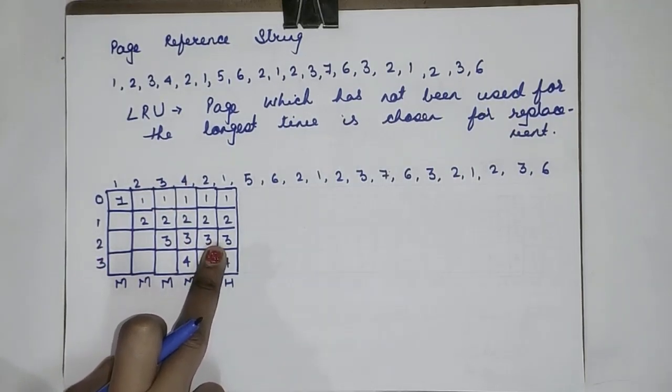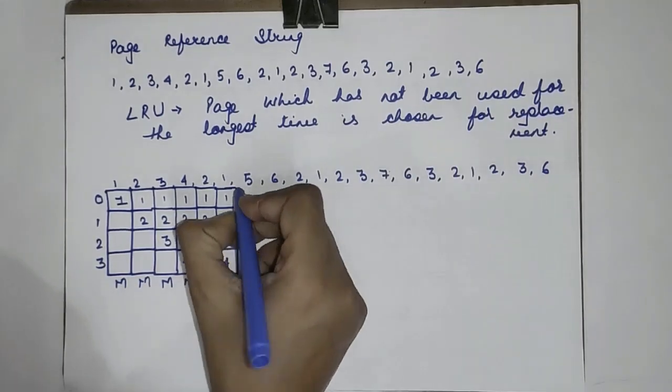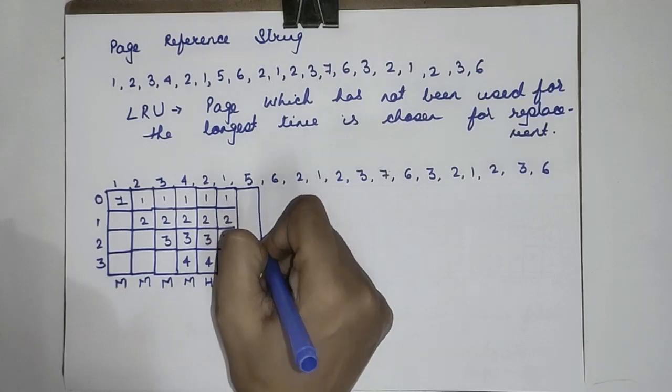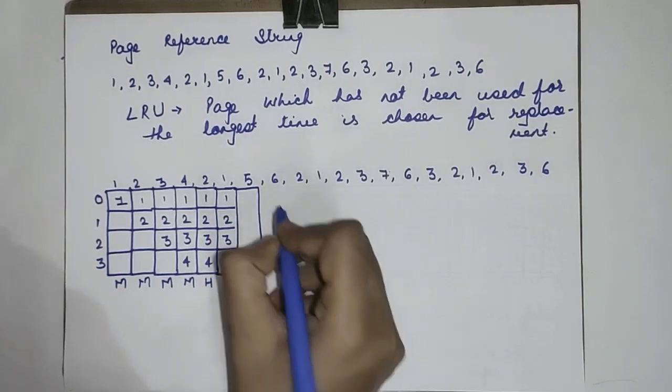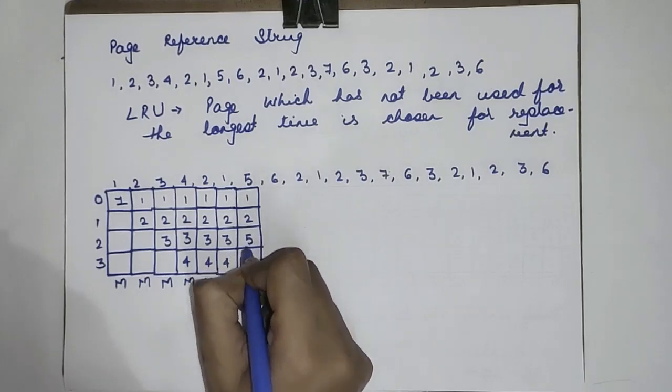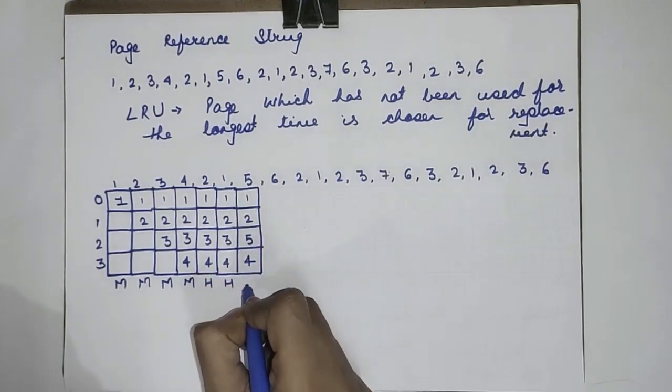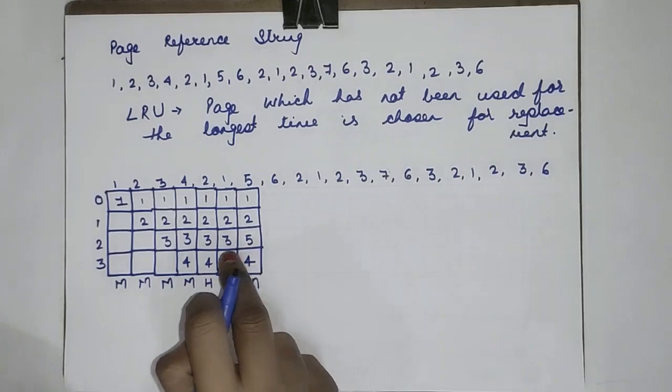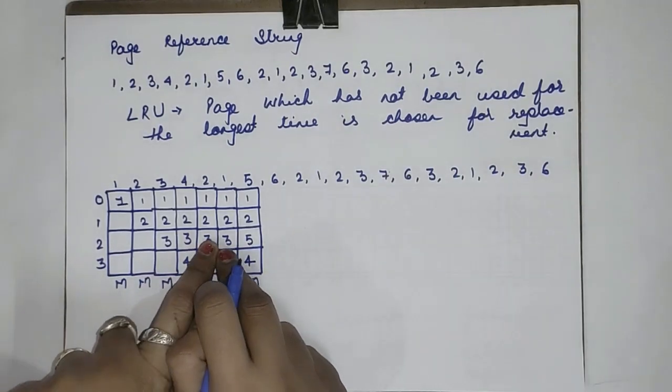So which page will be chosen for replacement? 3. So we are going to replace 3 with 5. Why? Because 3 was the least recently used.